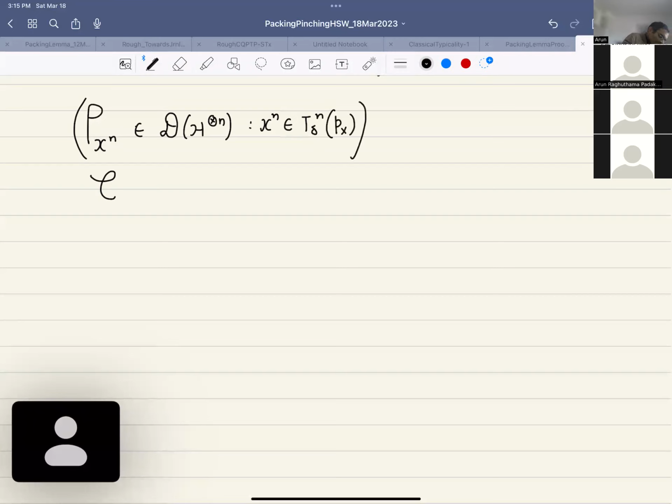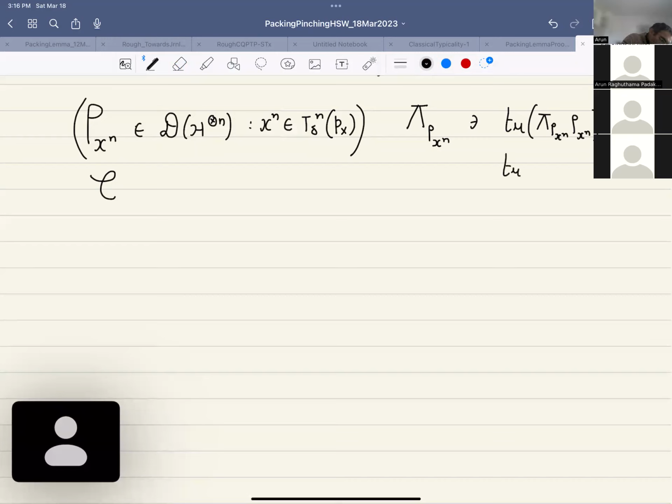So for these guys, why did I do that? Because for these guys, I know there is a Π, Π_rho x^n, such that trace Π rho x^n and rho x^n overlap a lot. I know this.